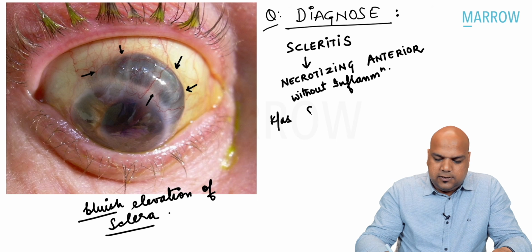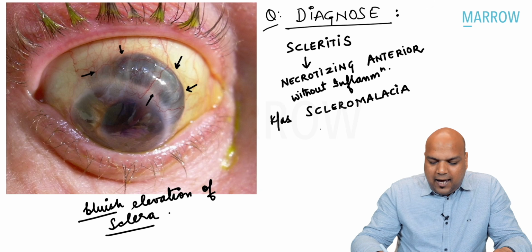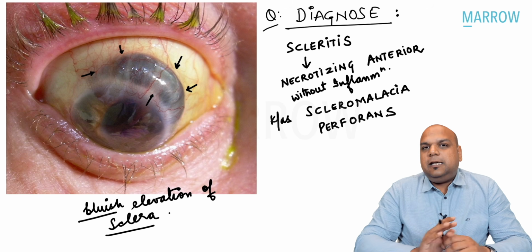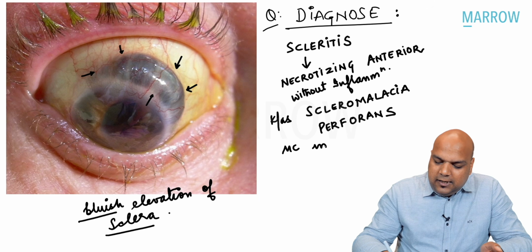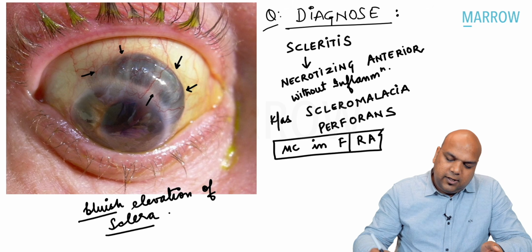And this is known as, you know this name, scleromalacia. Malacia means thinning, sclero means sclera, and due to the thinning, it has protruded out and it is about to, or it can perforate. That is why it is known as scleromalacia perforans. More common in females suffering from rheumatoid arthritis, chronic inflammation.